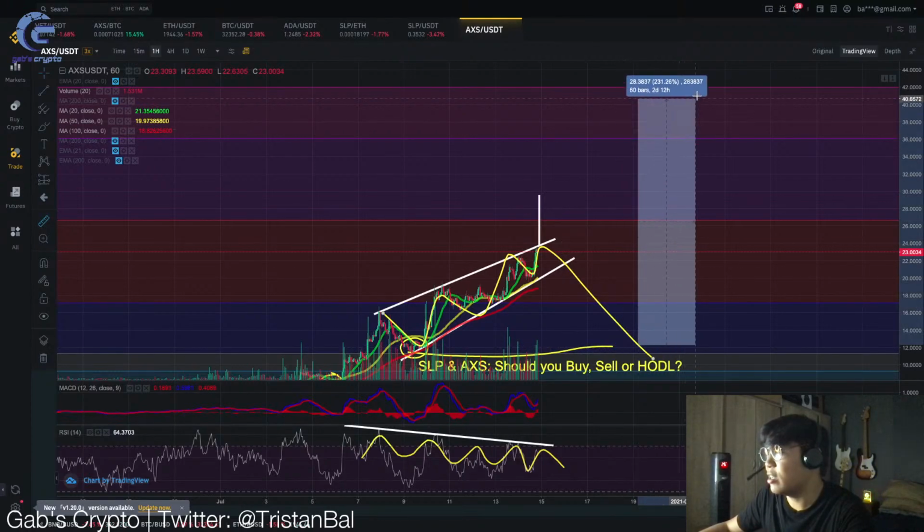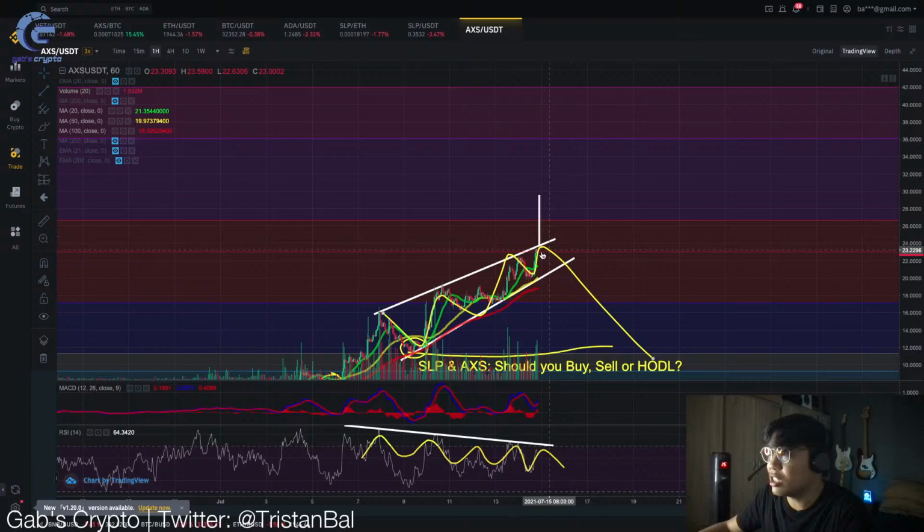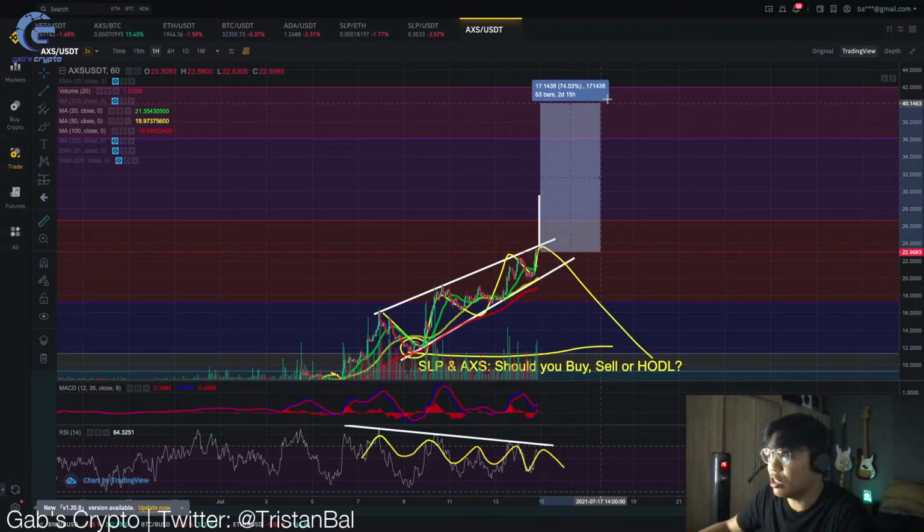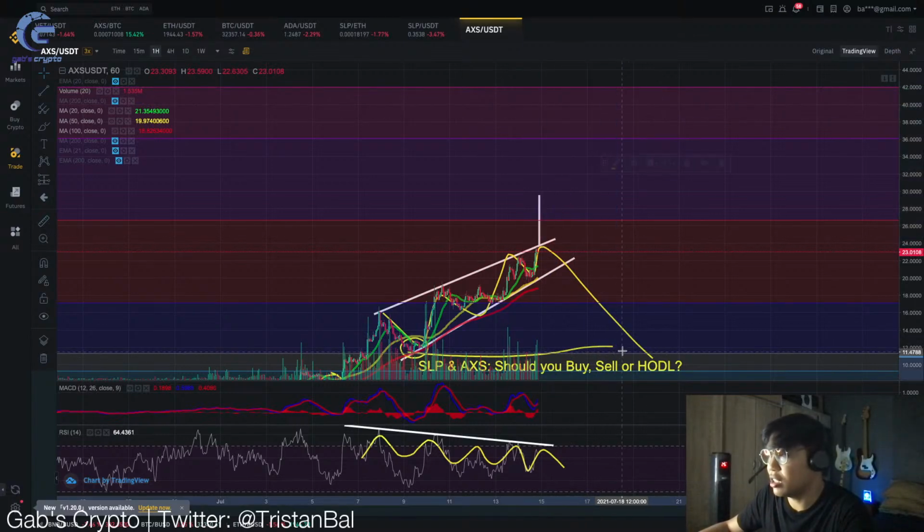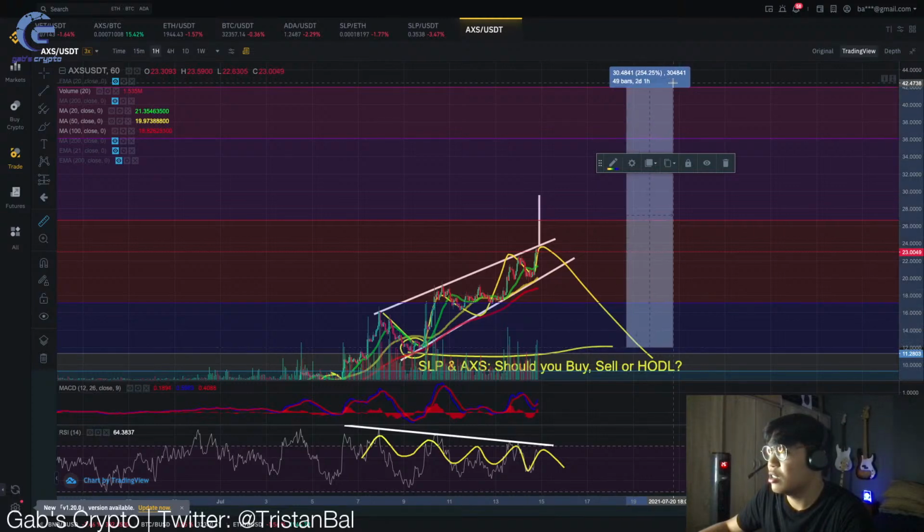Pag dyan kayo nag-buy, instead of 80% na profit makukuha nyo, ang makukuha nyo ngayon is 250% profit. So, ito yung pinagkaiba ng buying when the price is going up versus buying when the price is going down. So, if I were you, you should always buy when the price is going down.